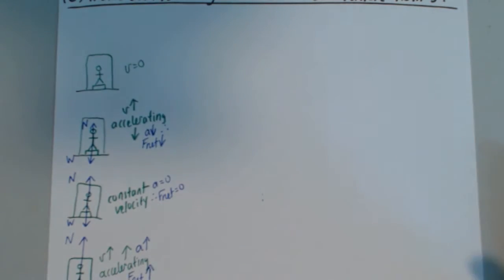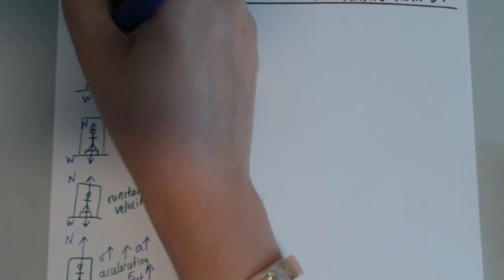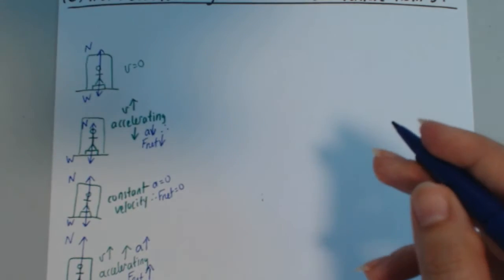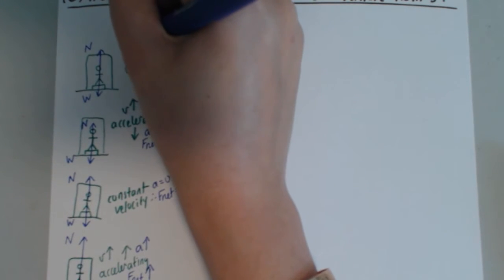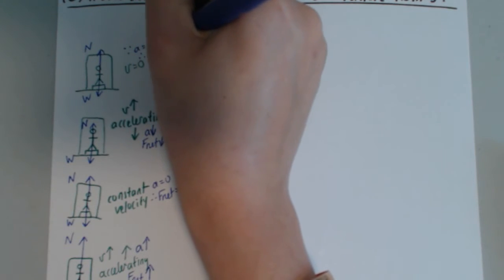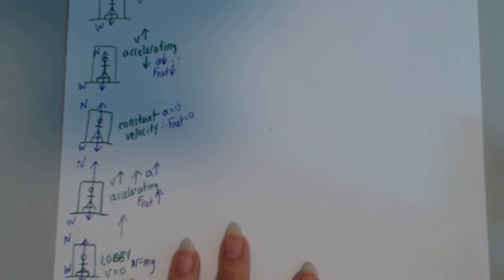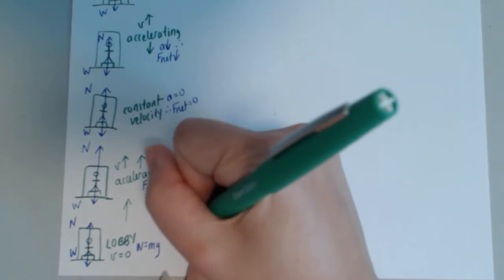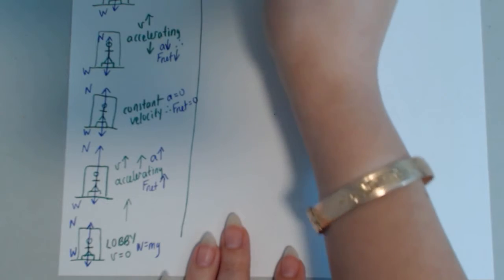You've reached your destination. Your weight is the same, and now your normal force is exactly like it was in the lobby. Since acceleration is 0, therefore F net equals 0. That is the elevator sequence, essentially, going from bottom to top.